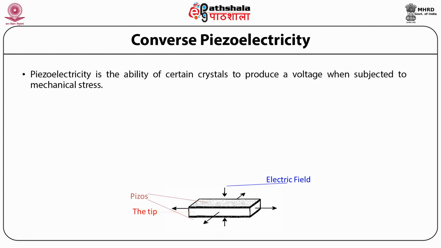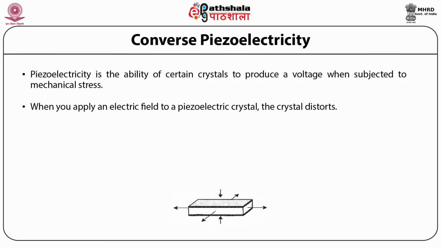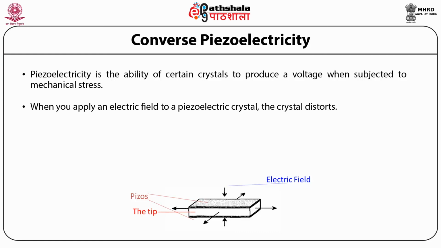Piezoelectricity is the ability of certain crystals to produce a voltage when subjected to mechanical stress. So when you apply an electric field to a piezoelectric crystal, the crystal distorts as shown in the figure.